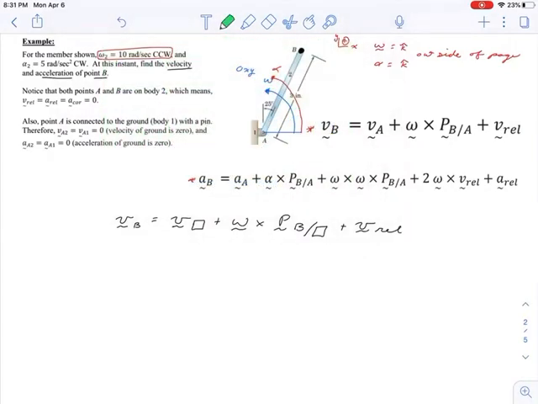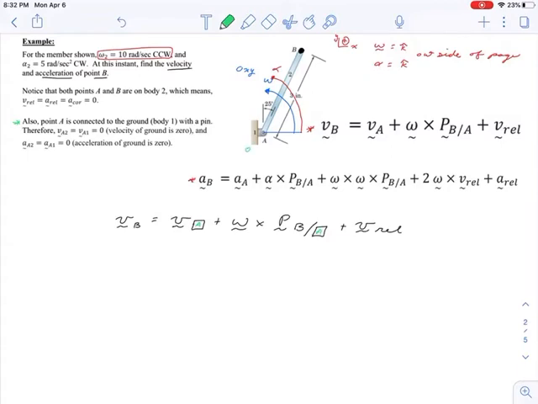Well, like I said before, we can look at B move at any point, but what we do know is that point A is connected to the ground with the pin. So is the velocity not 0, right? Because it's not moving. It's bounded to something. So we know that the velocity at A is equal to 0, so why not just choose A as our point?